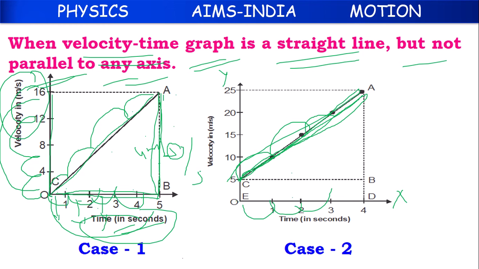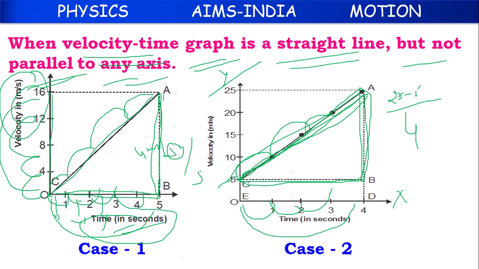By calculating its slope, AB by AC. AB value here 25, here 5, means change in velocity. 25 minus 5 by 0 to 4. How much time? 4 seconds. So 20 by 4, that equals 5 meter per second square, which is the acceleration.